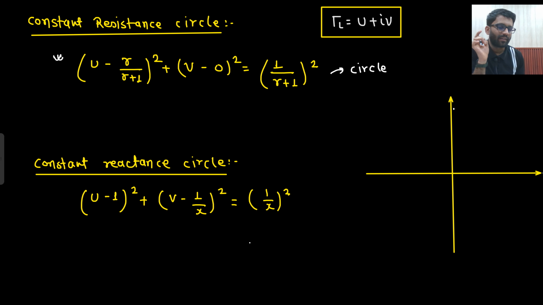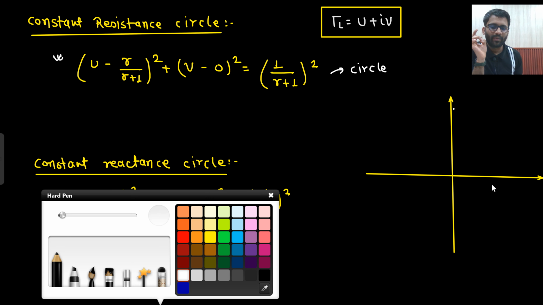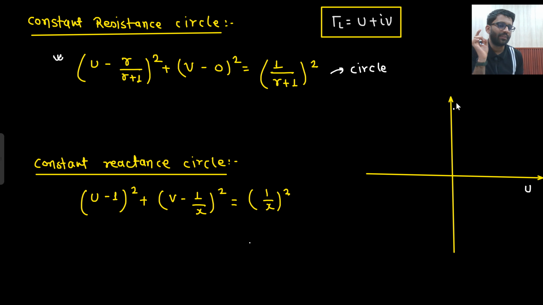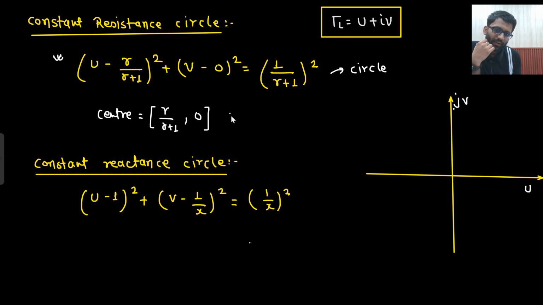For the UV plane, if on my horizontal axis I put U and on my vertical axis I put JV. So it becomes an equation of a circle whose center is at R upon R plus 1 comma 0 and whose radius is 1 upon R plus 1.